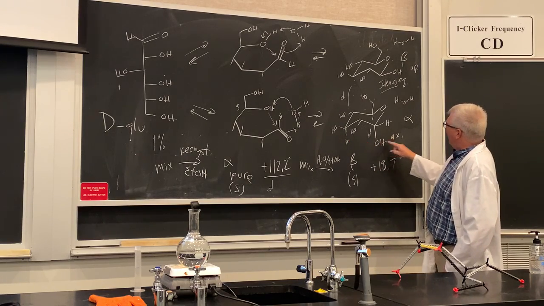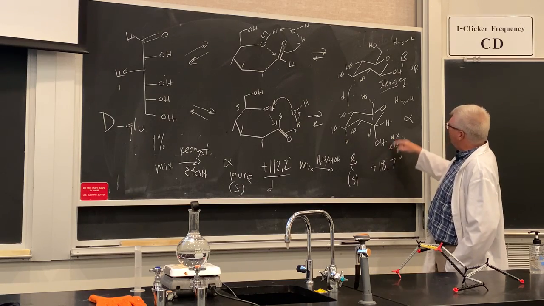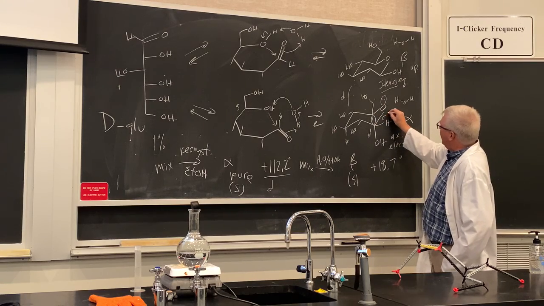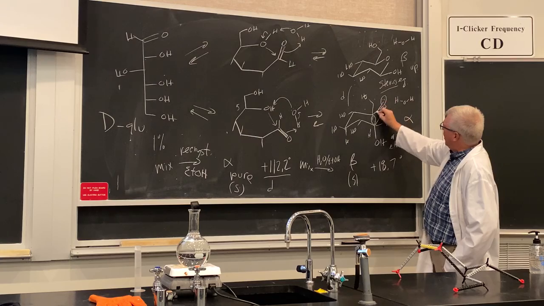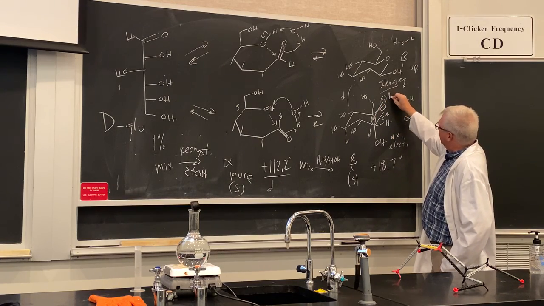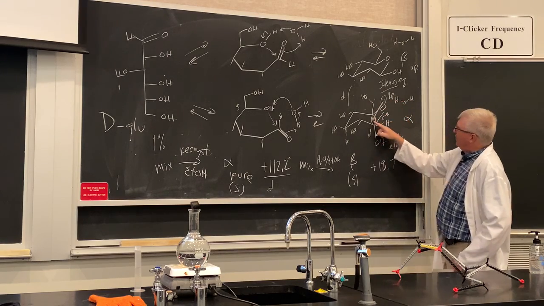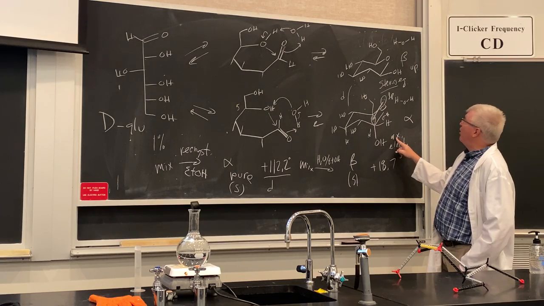But the axial is actually favored electronically. The electronic factor is that the sigma star of the carbon-oxygen bond is coplanar with the lone pair electrons. And that lone pair overlap is a stabilizing effect, even though it's a counter-steric argument.